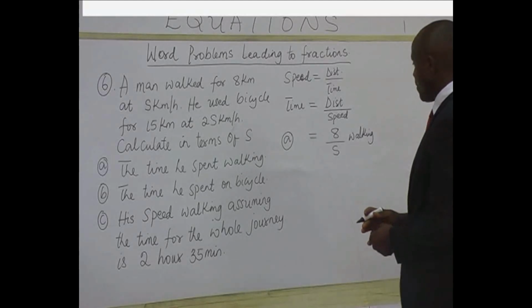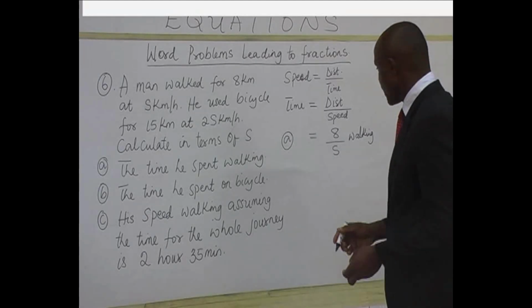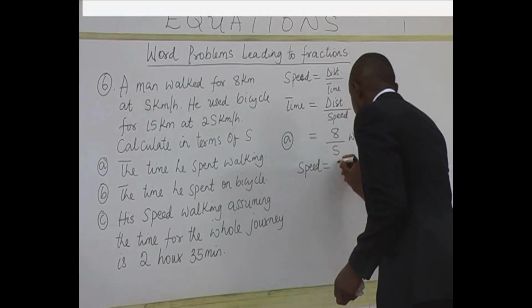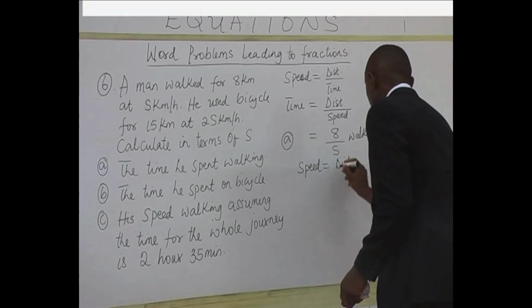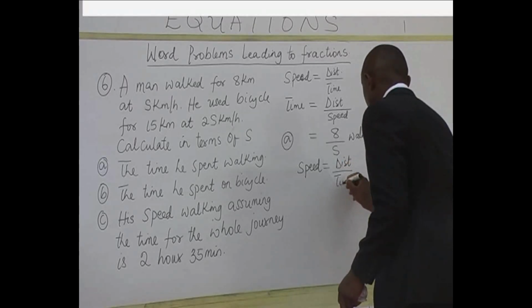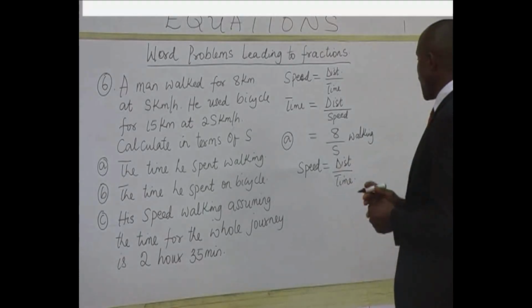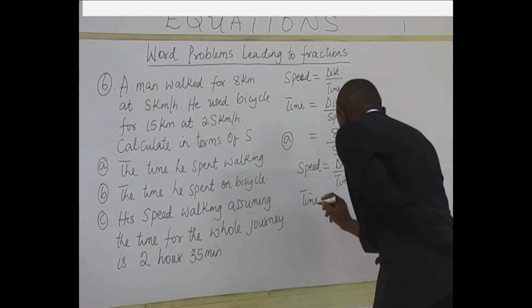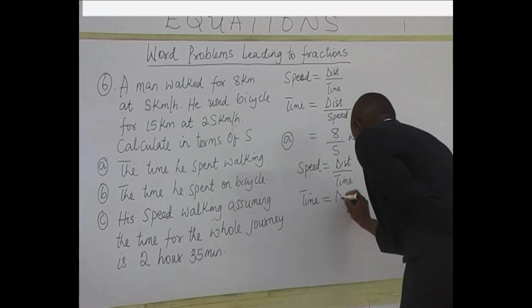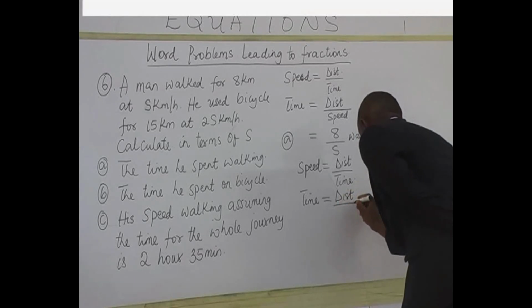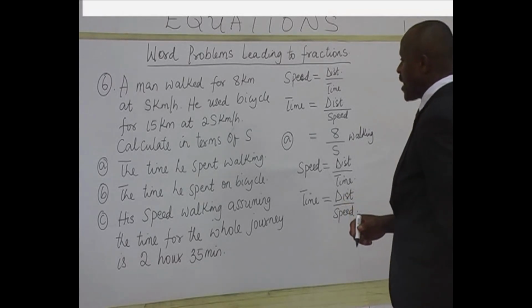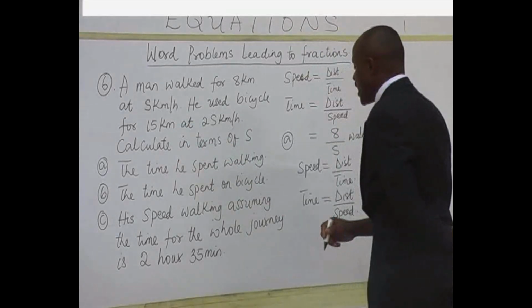Question number B is similar to question number A. Speed, the same speed, is distance all over time used in covering the distance. Make time the subject of the formula. Time is distance over speed. With the bicycle, we were told that he covered a distance of 15 kilometers.